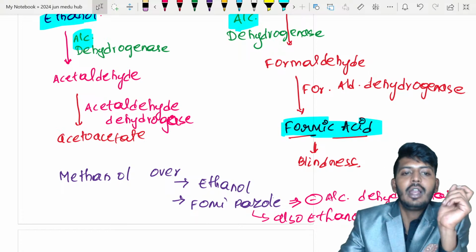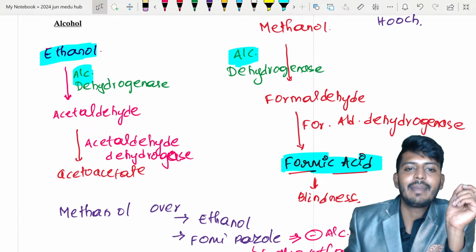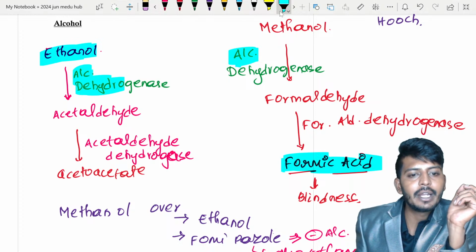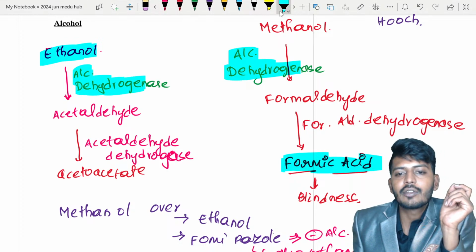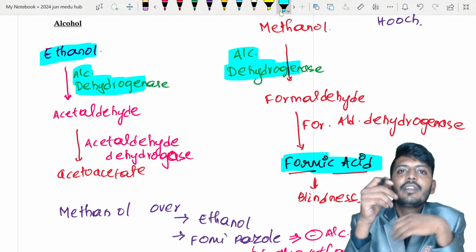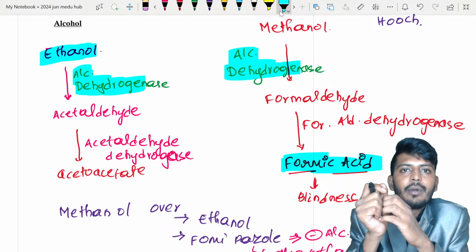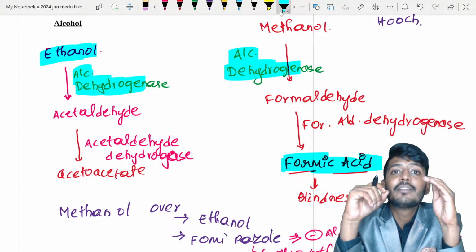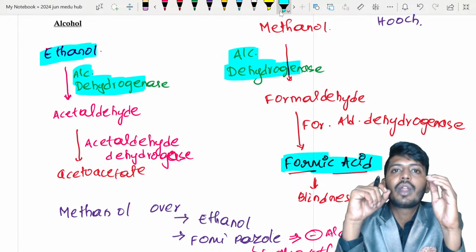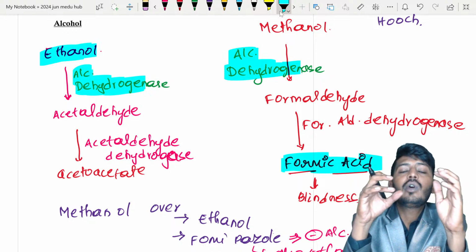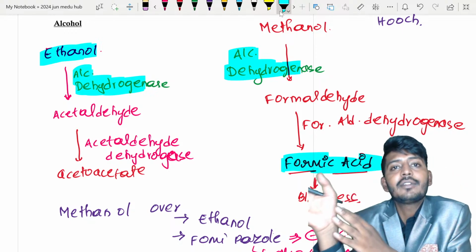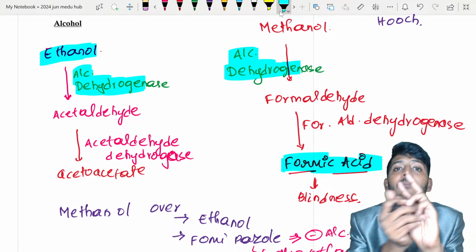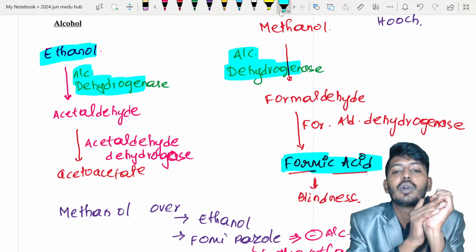If you give ethanol, both of them will fight for the same enzyme. Ethanol also wants to bind to alcohol dehydrogenase, and so does methanol. During this competition, if you give a little more ethanol, so that the amount of ethanol is more than methanol, alcohol dehydrogenase will not show interest towards the methanol but rather towards ethyl alcohol. The enzyme will shift its action towards ethyl alcohol.